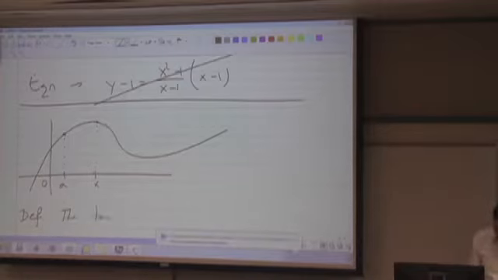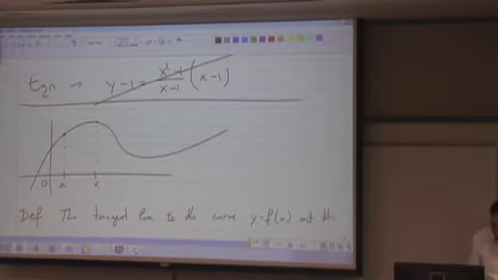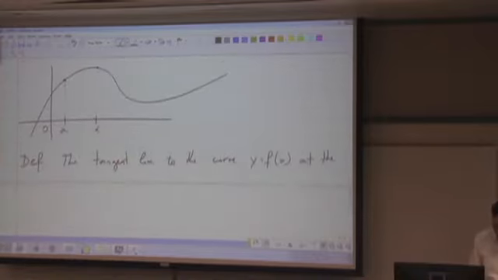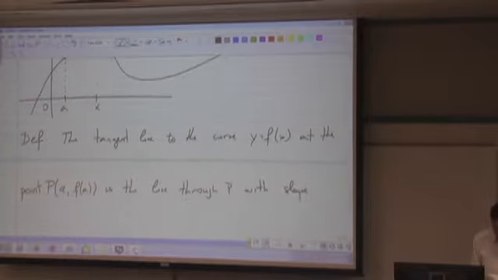The tangent line to the curve y equals f of x at the point a and f of a, let's name this point P, is the line through P with slope m equals the limit as x goes to a of f of x minus f of a divided by x minus a.